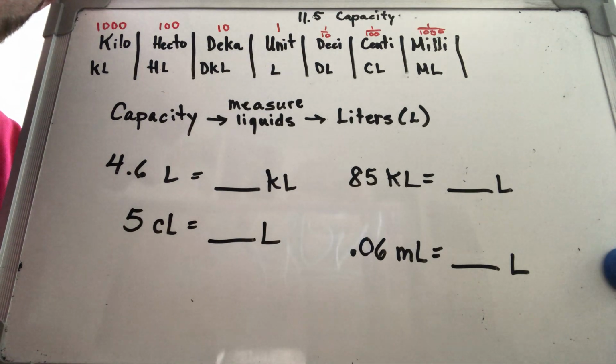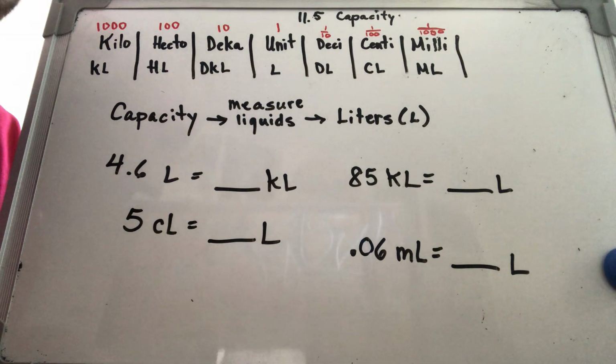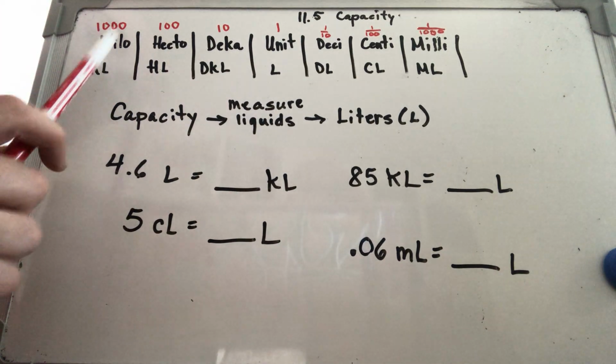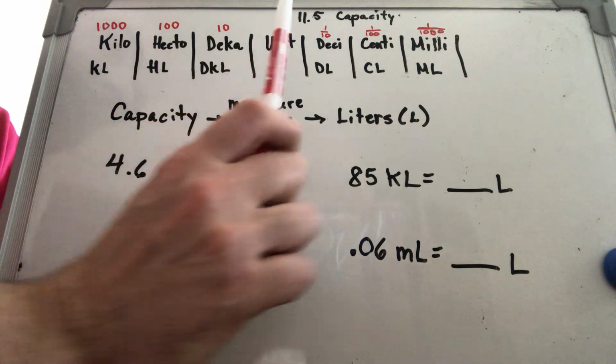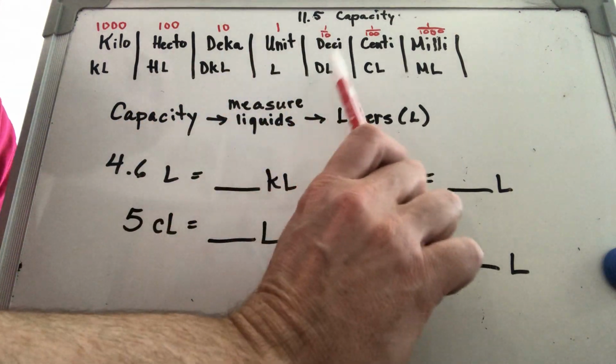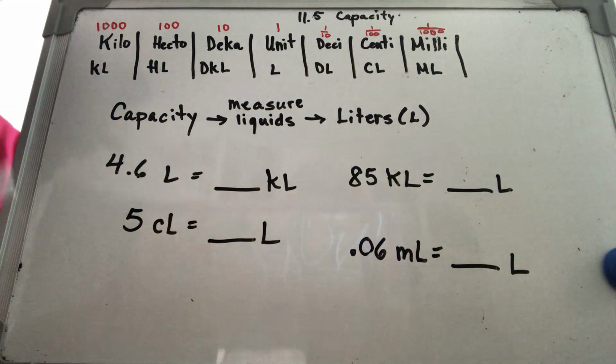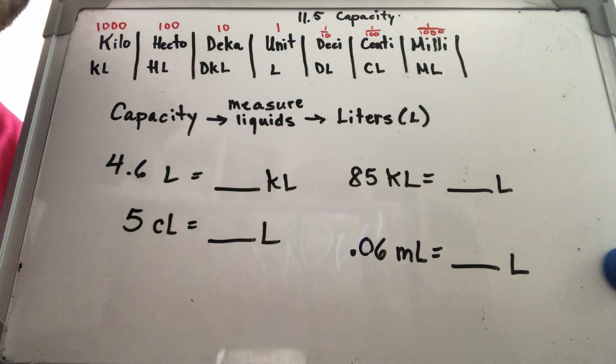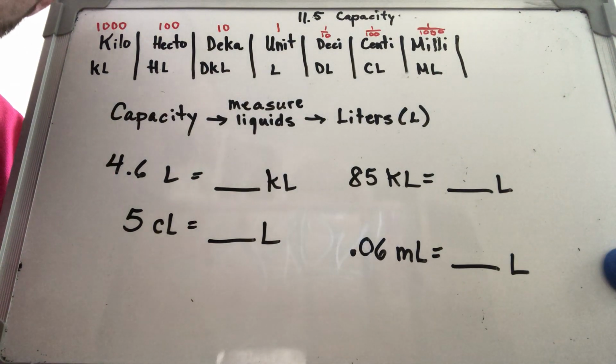So yesterday we dealt with meters. Today we're going to deal with liters. And just like meters had a kilometer and a hectometer and a decameter and just a meter and a decimeter and a millimeter, well, now that we're dealing with liters, the abbreviations change.